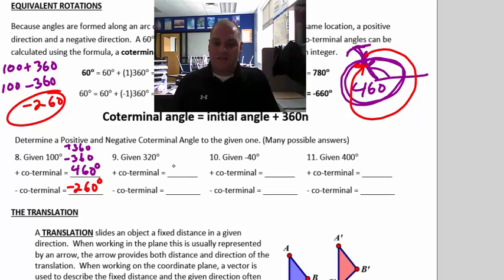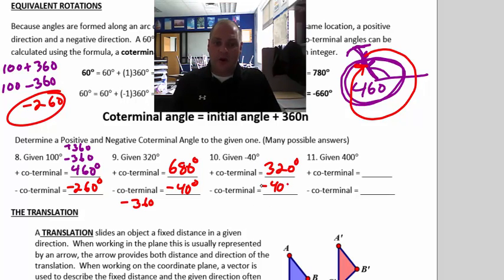320 plus 360 is 680. 320 minus 360, again minus 360, gives us negative 40. How about negative 40 plus 360? That gives us 320. How about negative 40 minus 360?